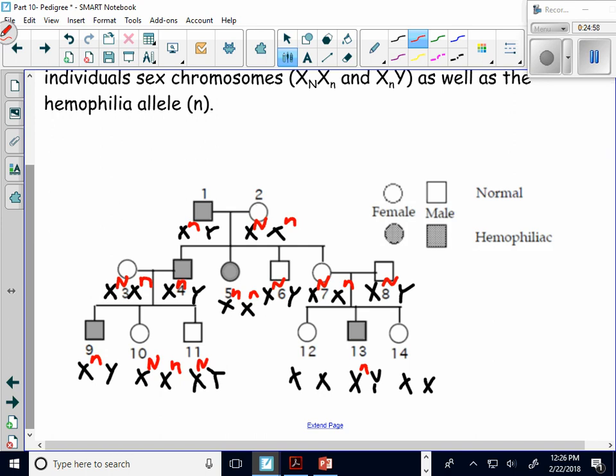Now, let's look at this here. Let's look here again. 12. Let's go to 12. I've got a mom that's a carrier, a dad that does not have it. So what can you tell me about number 12?